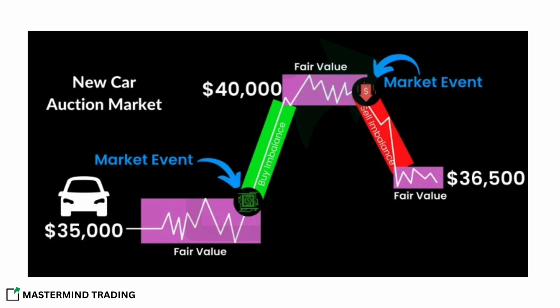So because of this external event of market news, the market has moved from the place of fair value, the place of balance of $35,000 per vehicle, to a place where that news has triggered increased buying activity, or increased willingness to buy among buyers, which has then pushed the price from that state of balance to a state of imbalance, where we have the price of vehicles going continuously up, as seen in this illustration.